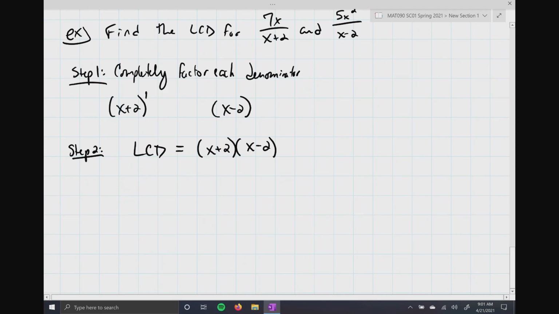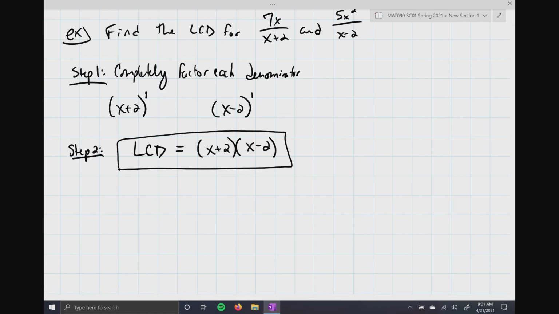You only have one of them for the x plus 2, and the x minus 2, you only have one. There's your LCD. See what I mean? It's much easier than the number thing. Are there any questions?